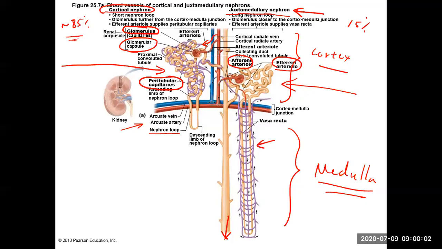Now, the blood vessels associated with the juxtamedullary nephron are just called vasa recta. That's all. As a reference point, the capillaries around the cortical nephron are peritubular capillaries. So that's something we wanted to talk about.